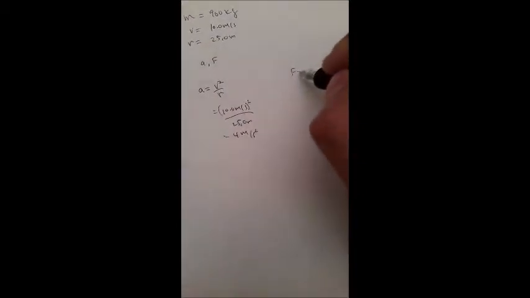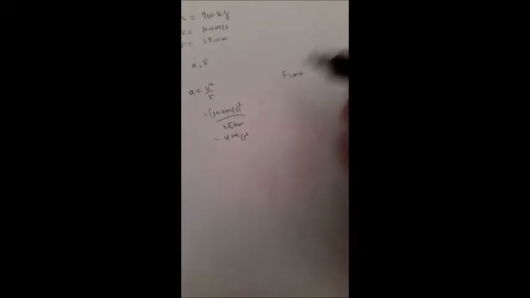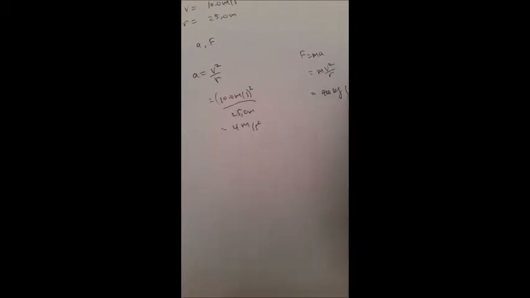Now we can combine that with Newton's second law, F is equal to ma, to get F is equal to mv squared over r. And then we plug in values again to get 3,600 newtons for the force.